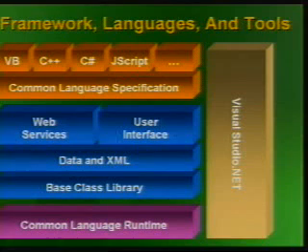Further on top of that whole stack, we have our programming languages, and they're all built to a common language specification that basically defines a set of language features that you can expect to have available in every .NET programming language. And then finally, supporting the whole platform is Visual Studio.